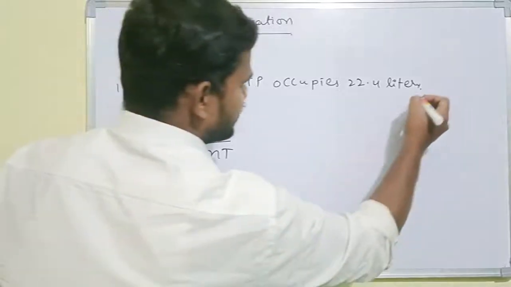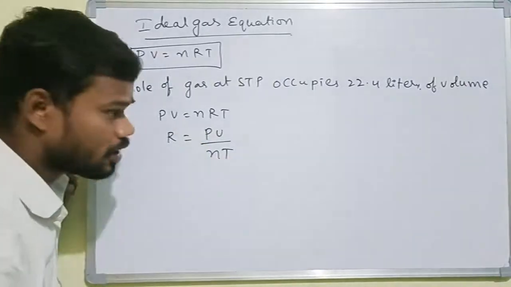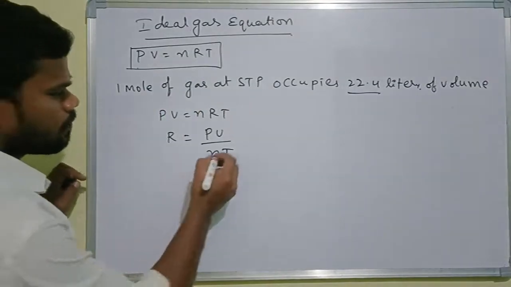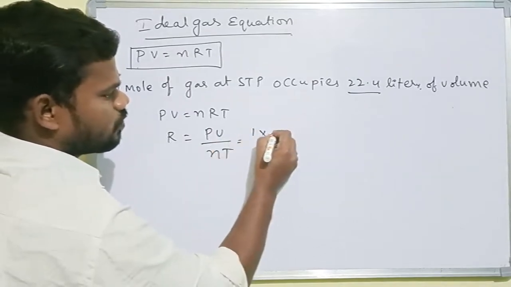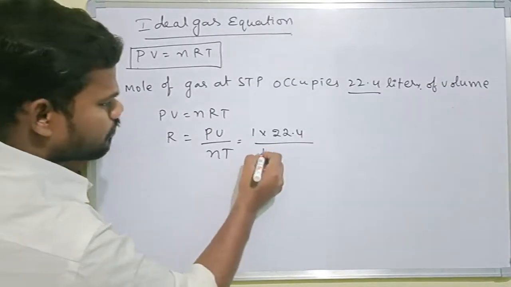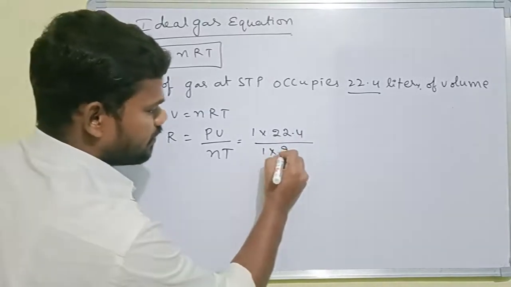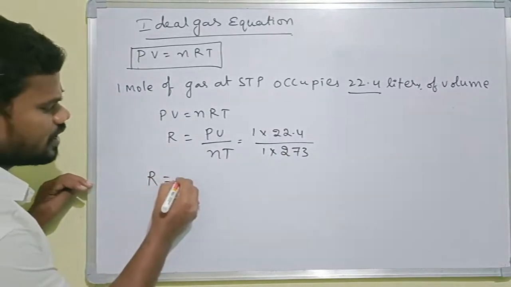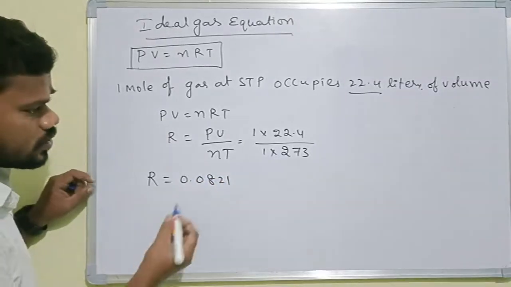Pressure is 1 atmosphere at STP, volume is 22.4, n is 1, and T is 0 degrees Celsius or 273 Kelvin. If you calculate, you will get the R value, which equals 0.0821.